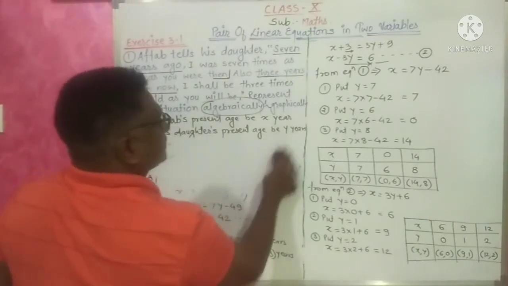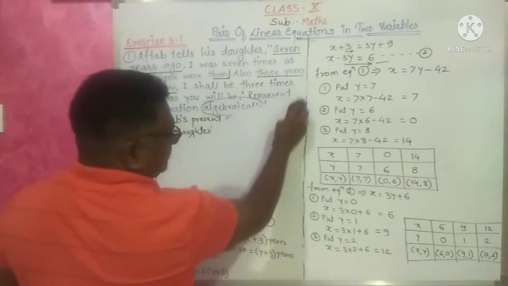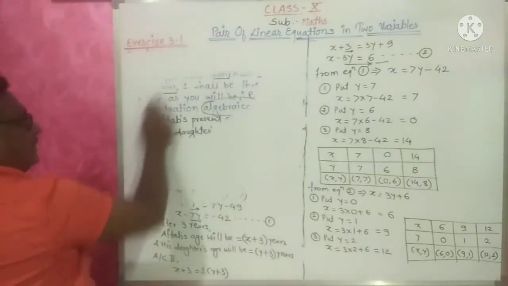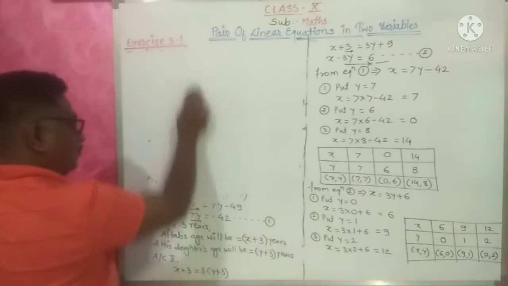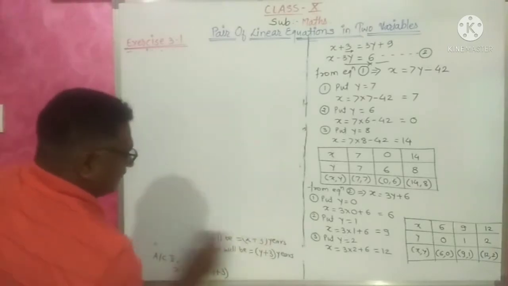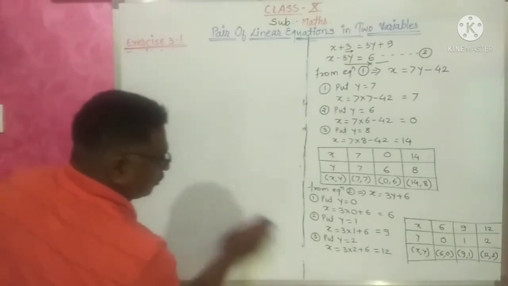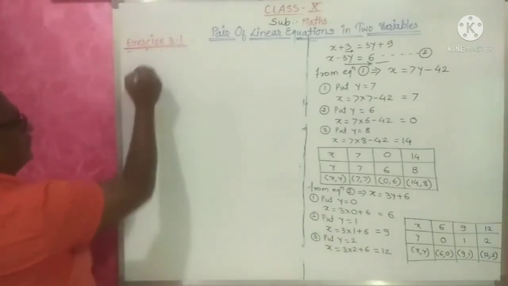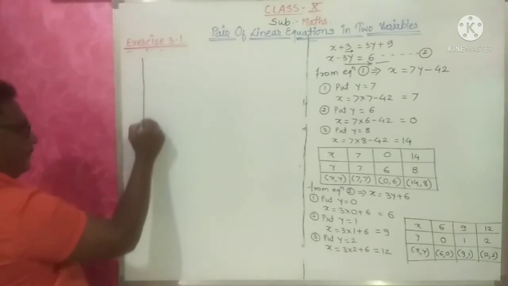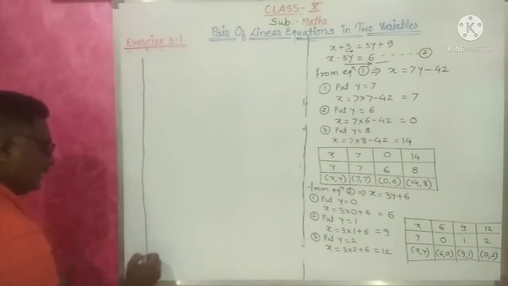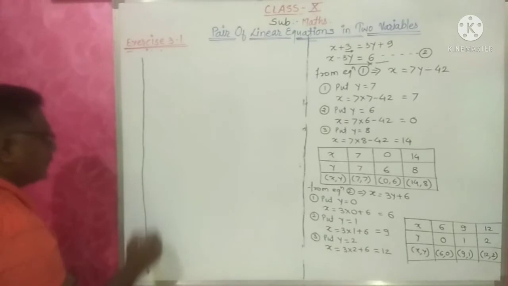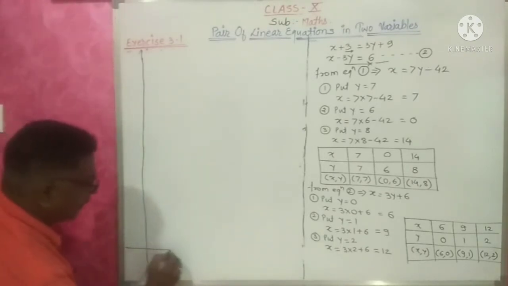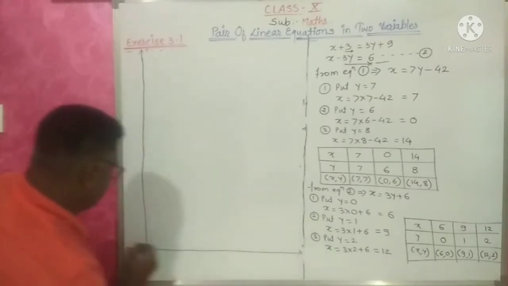So for that purpose, x-axis, y-axis. Here negative coordinate is not there. So only positive x-axis and positive y-axis we will draw. In this way, and this.